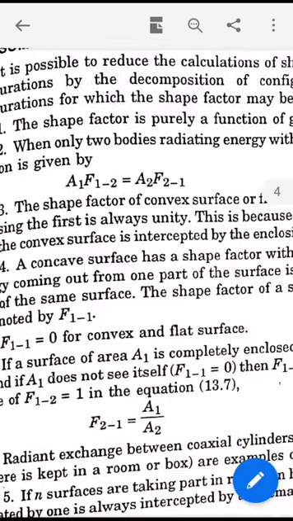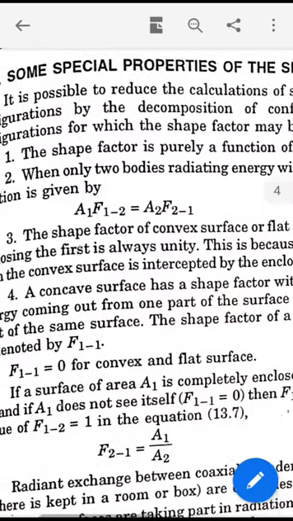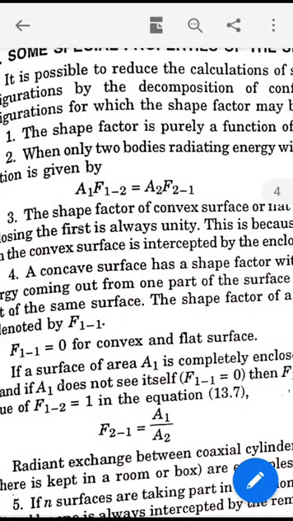Then shape factor of a convex surface with a flat surface enclosing the convex surface is 1, because all the energy emitted by the convex surface is intercepted by the flat surface.